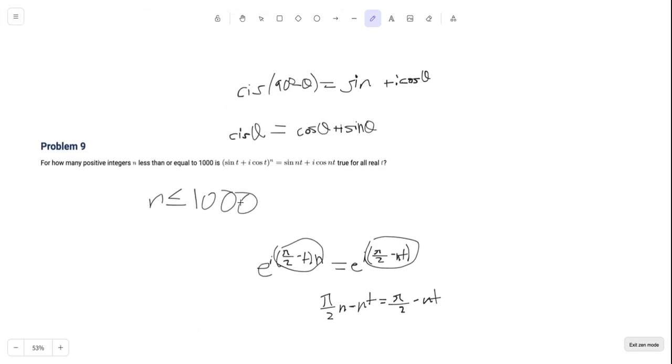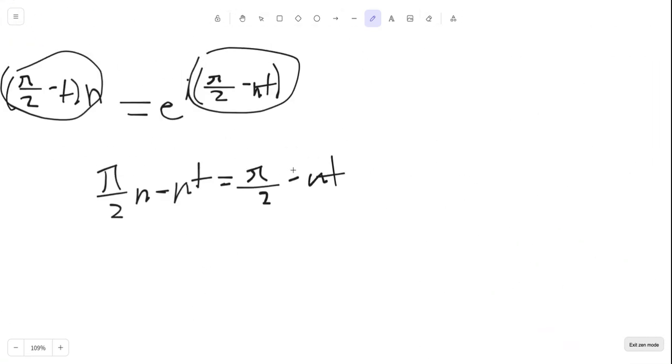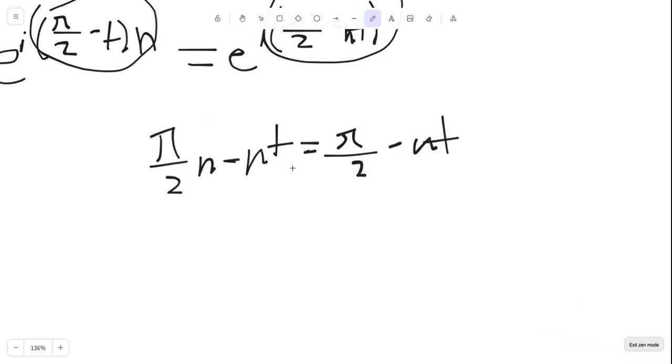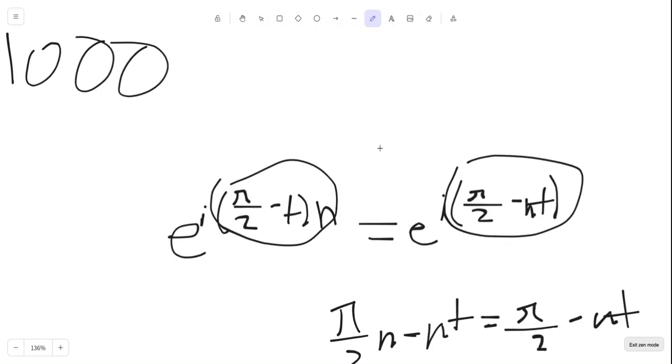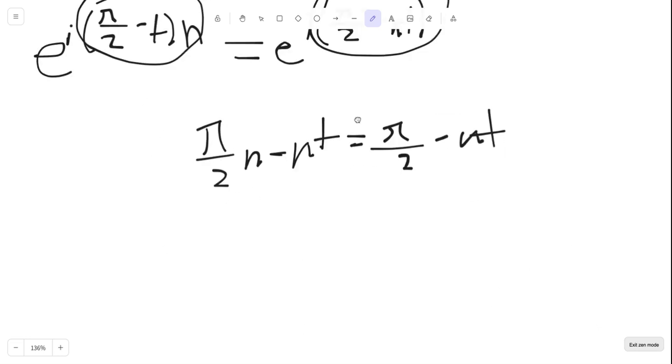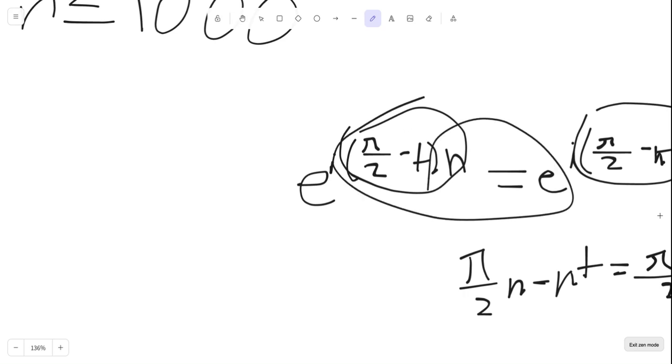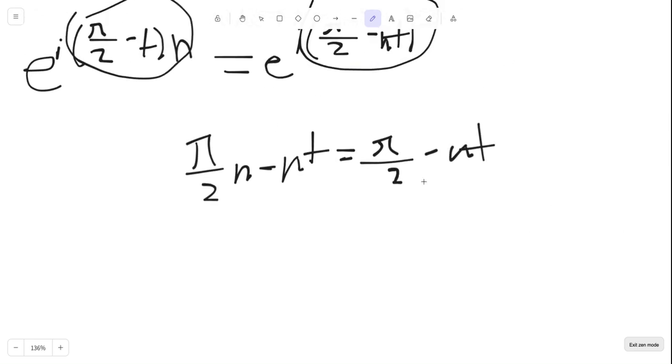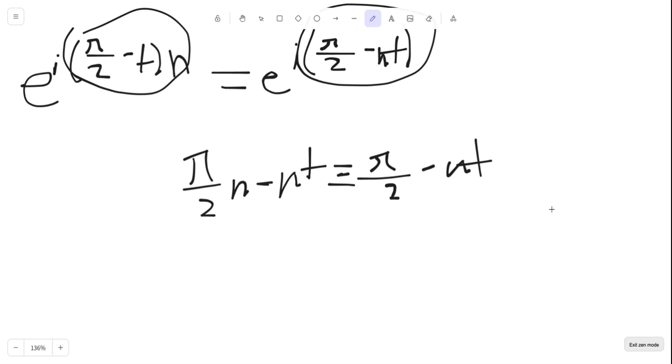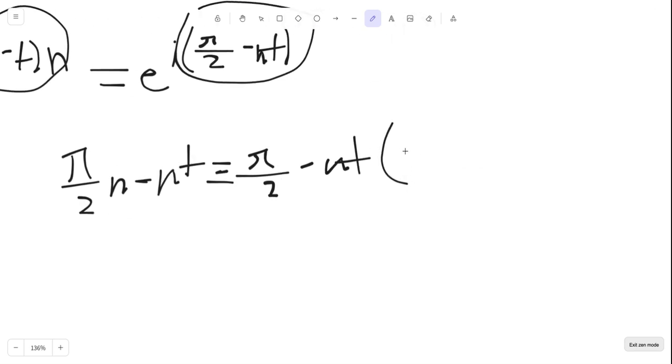This might be a downfall for some people, but you have to notice exactly what's going on here. These two angles are the same, and that means they give the exact same number as long as they're off by a multiple of 360 degrees, which means they're equivalent mod 2 pi.